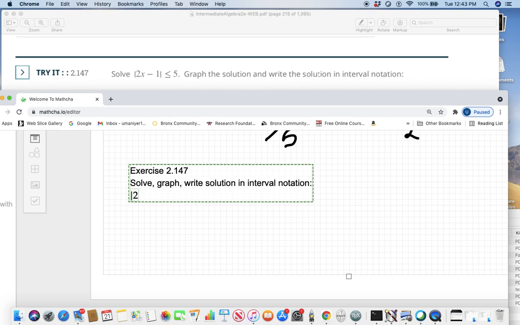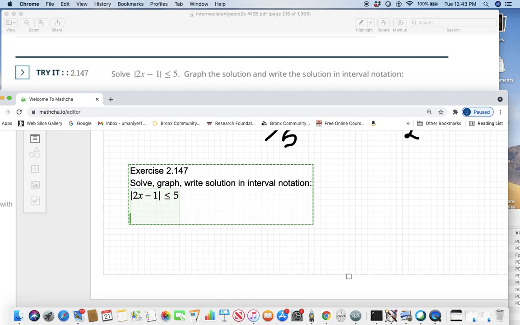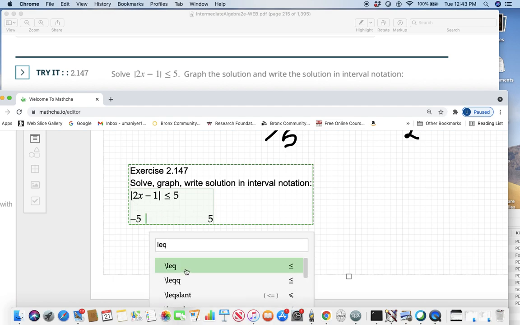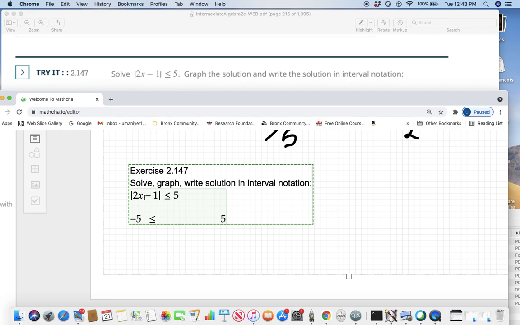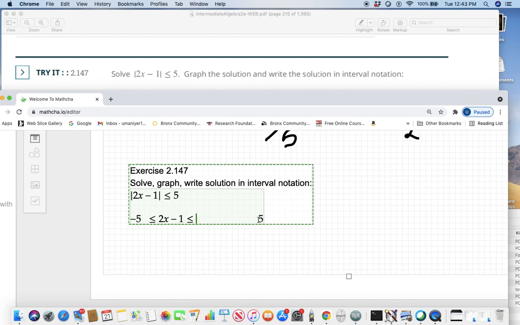Question is, absolute value of 2x minus 5 is less than or equal to 5. Well, first things first, absolute value less than or equal to 5 means write negative 5 and positive 5. These are the two ends of your inequalities. That's a less than or equal to. The expression inside, less than or equal to. That's it.